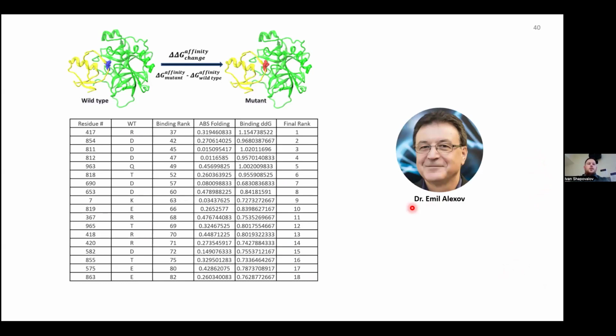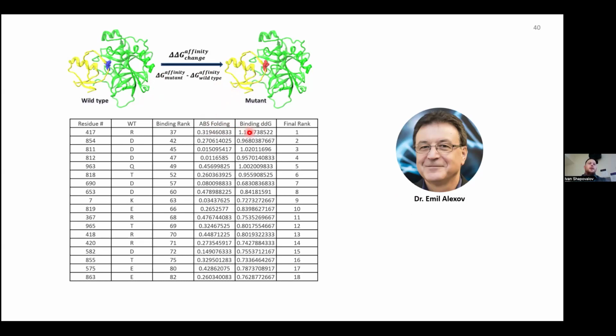And the approach that he suggested to us is that he would take the structure of Calpain-2 dimer, and he would evaluate what is the effect of each of the residues on the interaction strength of this dimer. So effectively, what he was looking for is for residues that, if substituted, would not change the absolute folding energy much, meaning they wouldn't disrupt the structure of the monomers, but would affect the binding delta G, meaning that those monomers wouldn't bind as strongly to each other.